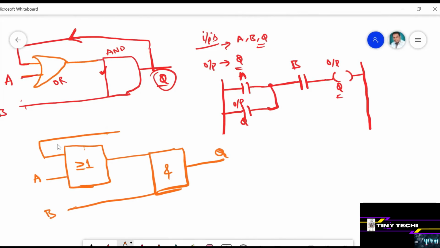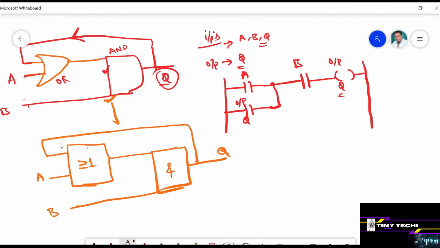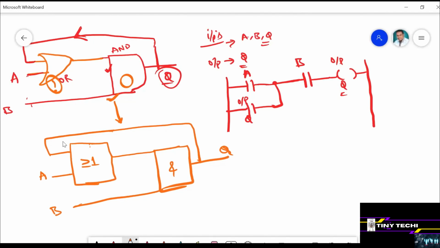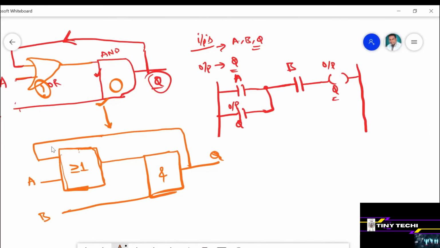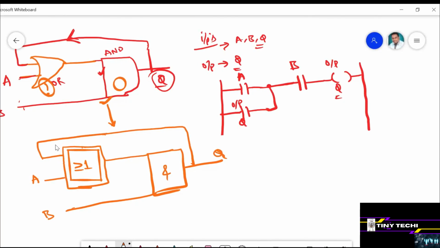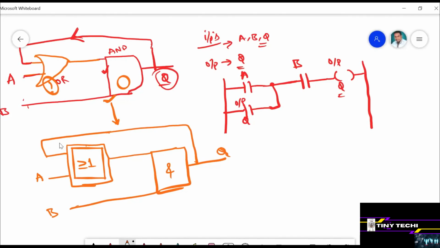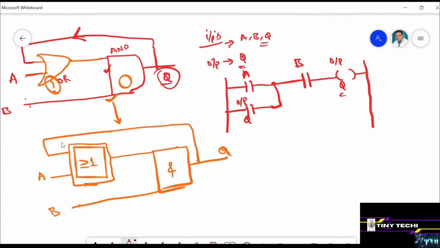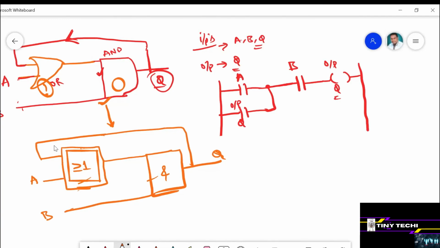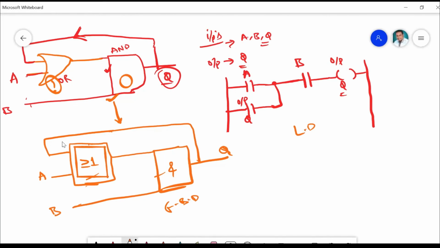What we added in the logical gate, the same thing we have to implement here, but we replace the OR gate and AND gate symbols with the graphical symbols of FBD, the functional block diagram. The remaining is all the same. So this is how we can implement the ladder logic as well as the functional block diagram for this given circuit.